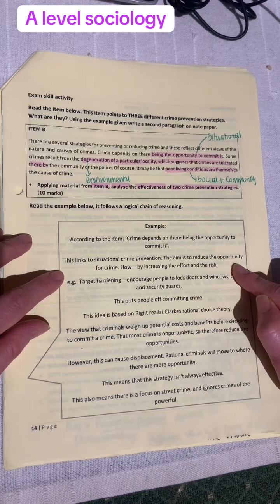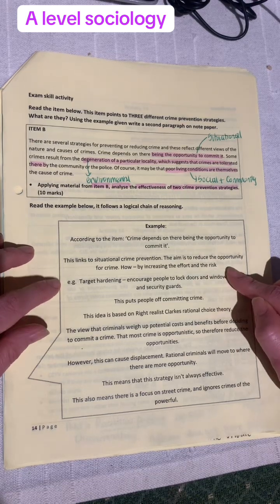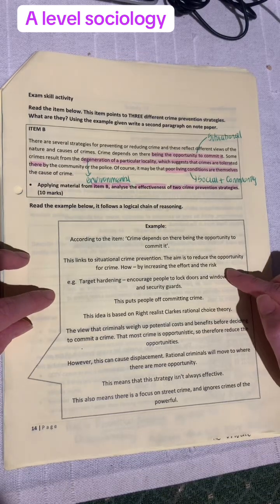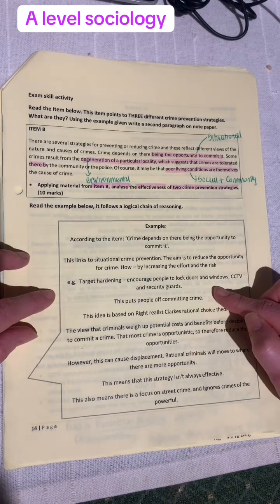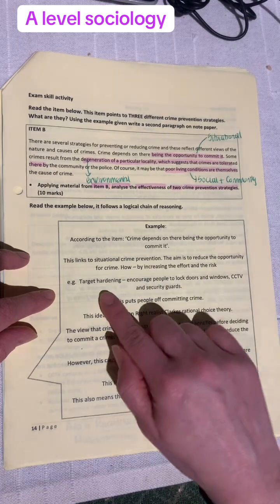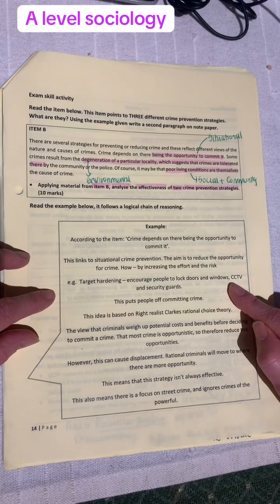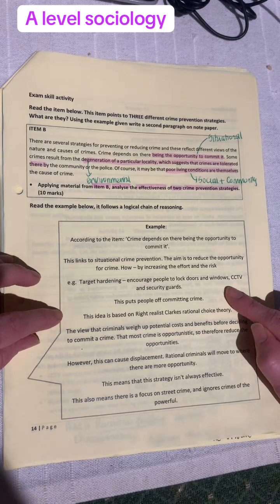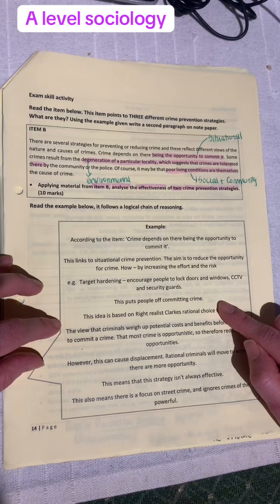The aim is to reduce the opportunity for crime. How? By making it harder, increase the effort and the risk. We might even give some examples of this situational crime prevention, which includes target hardening, and give some examples of what people might do. So locked doors and windows, CCTV and security guards, which is putting people off crime.